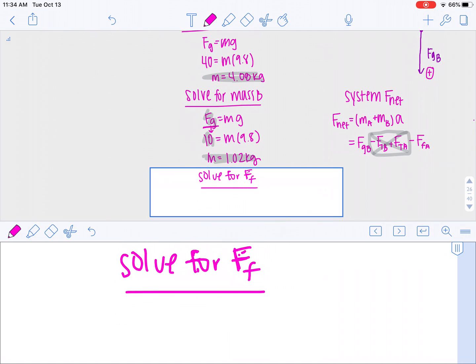So I'm going to start with my force of friction equation, which is on my AP Physics 1 equation sheet. And it's written like this, less than, but we know with kinetic friction that it's not actually less than, it's equal to, and this is our coefficient of kinetic friction.